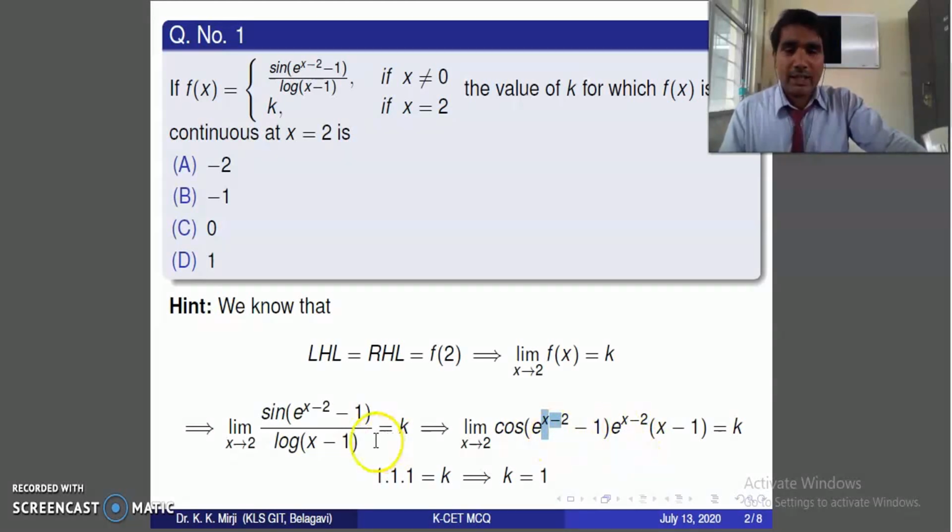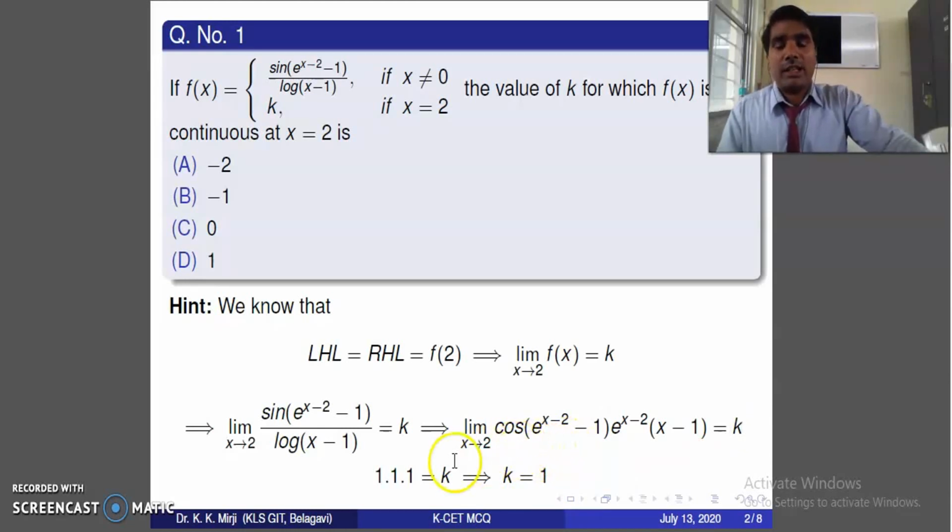Differentiating the denominator with respect to x, we get 1 divided by x minus 1. Since it is in the denominator, it comes to the numerator. So here you will get limit as x tends to 2 of cos of (e to the power x minus 2, minus 1) into e to the power x minus 2 into (x minus 1), which is equal to k.